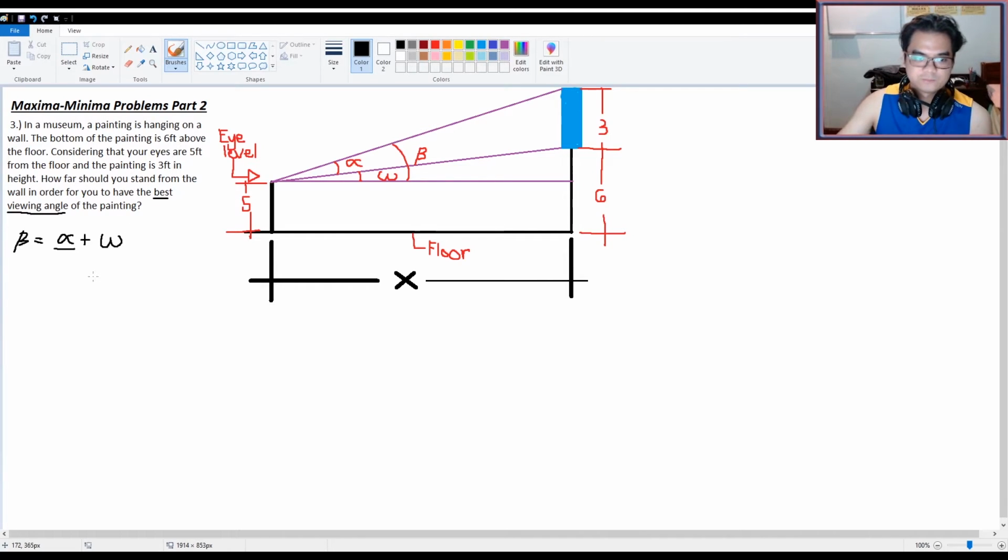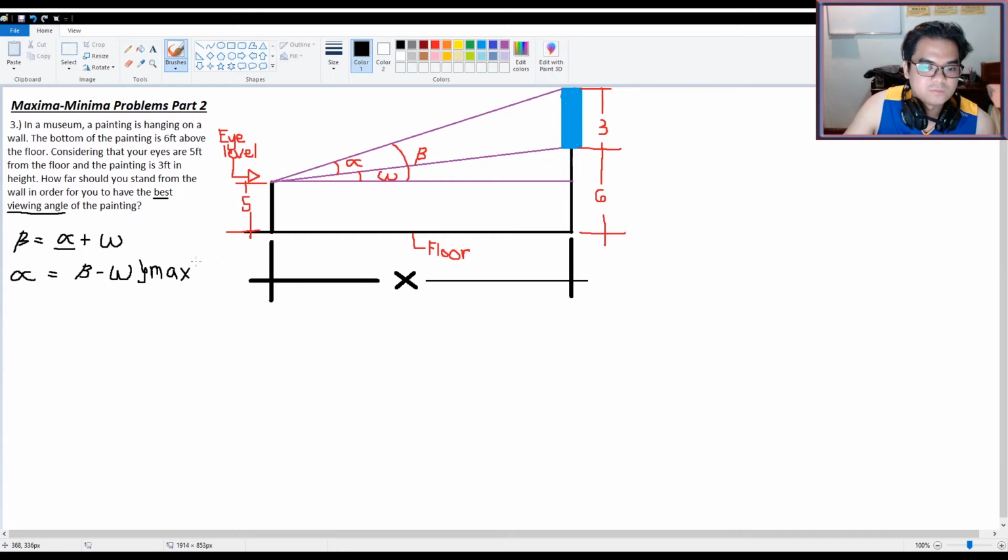Therefore, we have to isolate alpha. So isolating alpha, you'll just have beta minus omega. And then this part, you have to maximize this one.